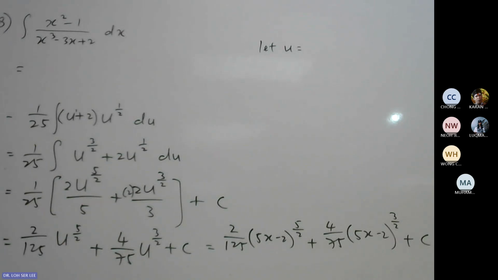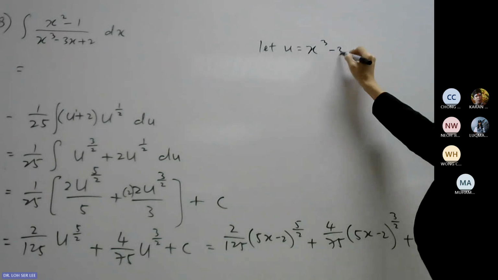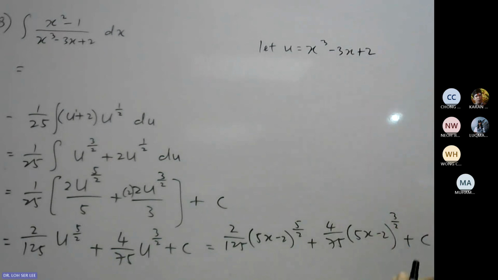Okay, your u will be x squared minus 3x, the denominator function. Then you can start to differentiate and substitute all the x into u.